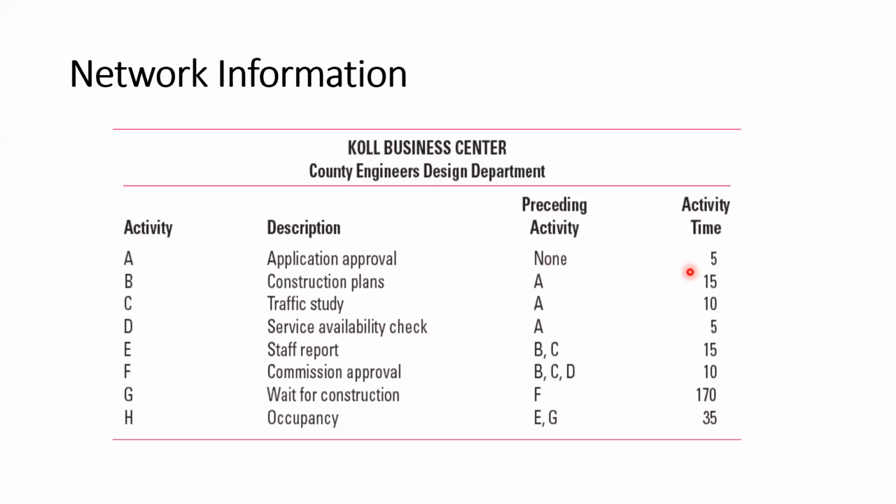Based on this information, you can draw your project network. When you are drawing your project network, you can use two approaches. So what are those two approaches? I have told you there are two approaches that you can use. So please give me those two approaches.